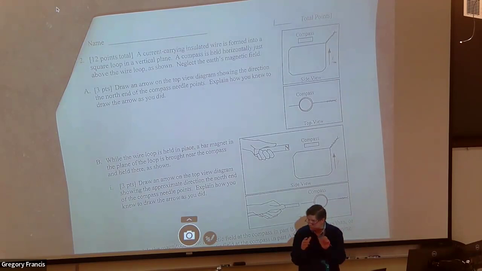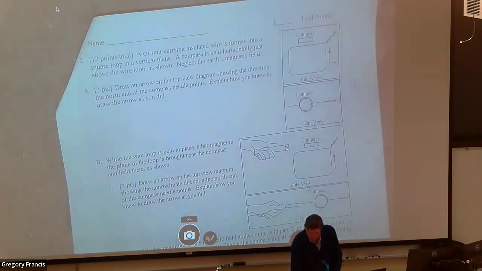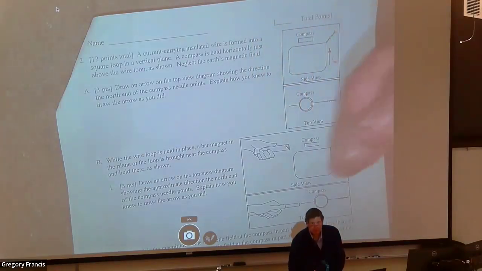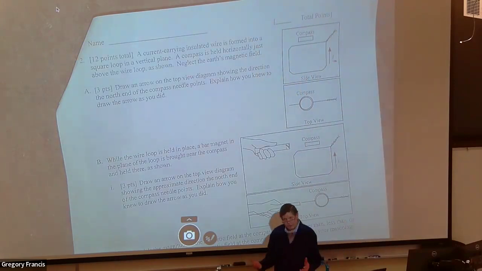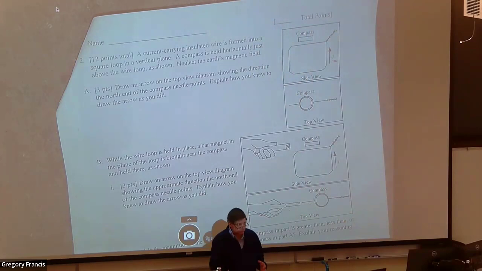We're testing your ability to wrap your head around three-dimensional problems because you've got to figure out what the magnetic field looks like on the side view, and then you got to look from the top. And here's where having props really makes a difference, okay?